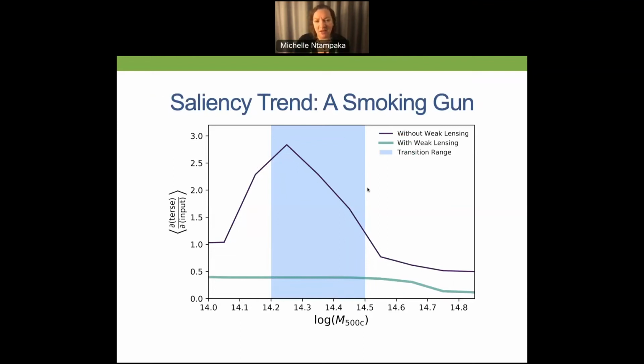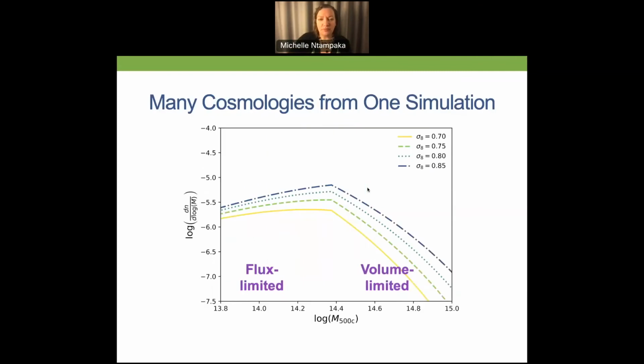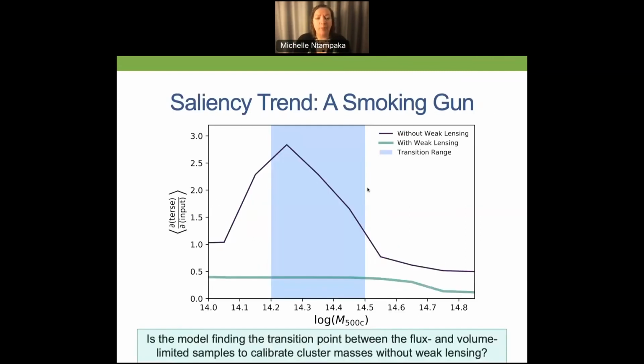This deserves a little bit more attention. Let me summarize first before I tell you what we did. After seeing this kind of smoking gun plot, we started to suspect that the model is finding the transition point between the flux and volume limited samples, and it was using that to calibrate cluster masses without weak lensing.